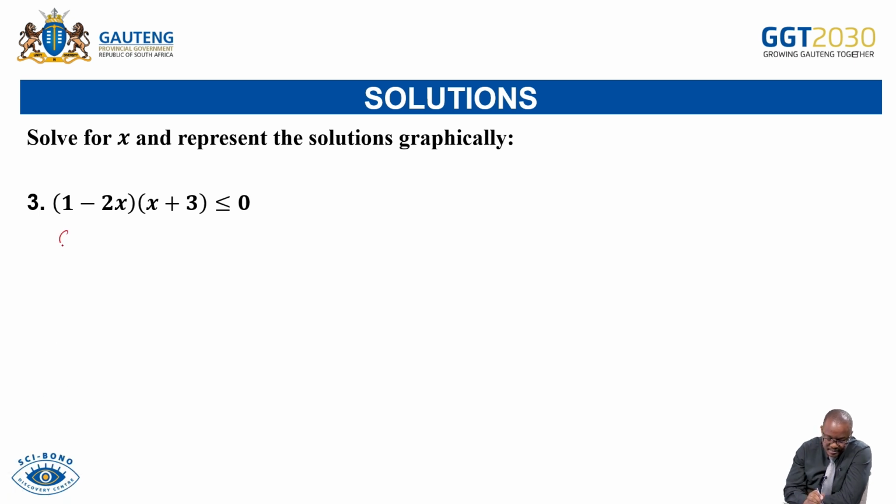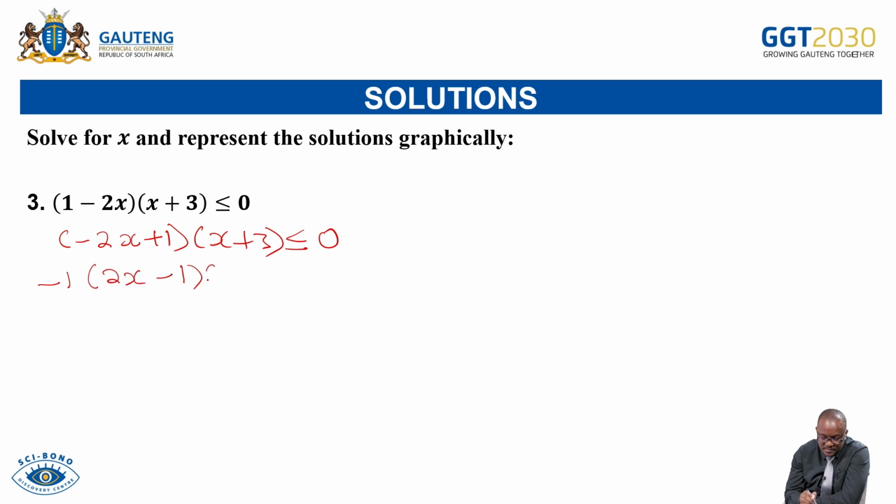You can say negative 2x plus 1, x plus 3 less than or equal to 0. Then the minute you take out a coefficient of negative 1, there you're going to have negative 1 times 2x minus 1, then x plus 3, less than or equal to 0.